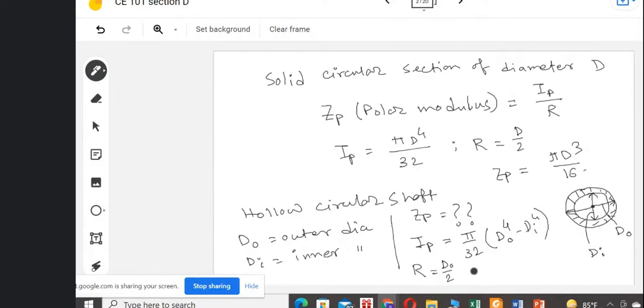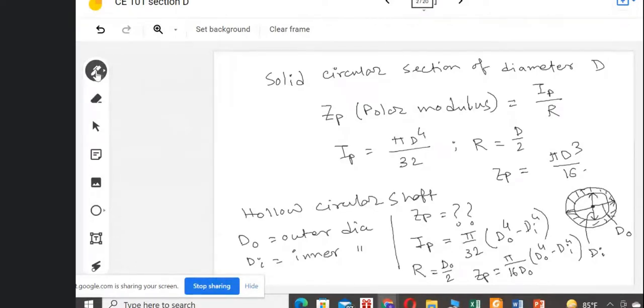So what will be Zp? It is simple: pi by 16 into d naught to the power 4 minus di to the power 4, divided by d naught. So this is fine.